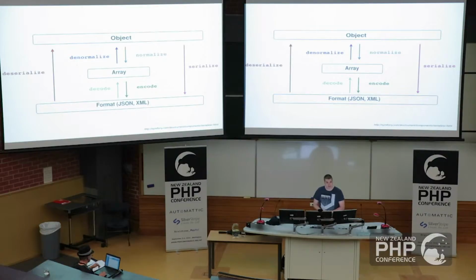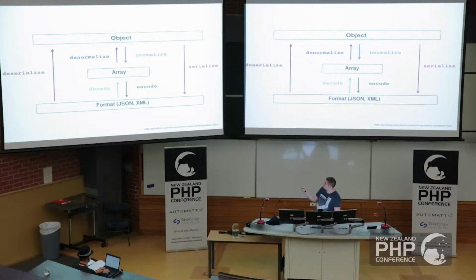This is the internal architecture of this component. It's quite simple, just a few classes. Basically you have the object graph you want to serialize. To serialize this object to a JSON or XML string, the serializer first has to normalize these objects. We have a bunch of normalizers which convert the PHP objects into an array representation.